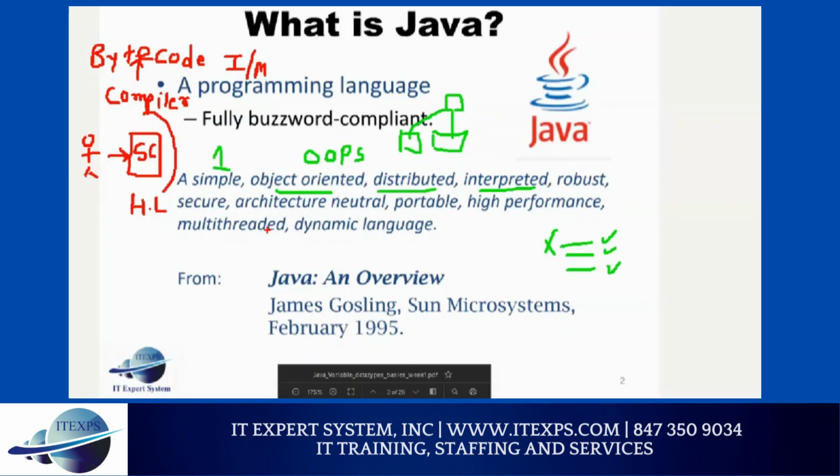Yes or no? So Java uses a two-step approach. When you write a program, let's say you are using a Windows machine, or someone is using a Mac machine, you write it, and the compiler will convert it according to your machine. So far, so good.